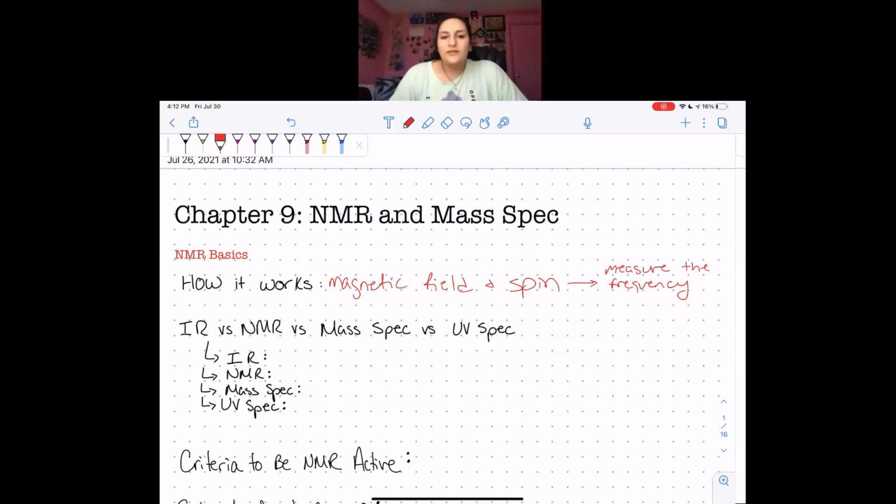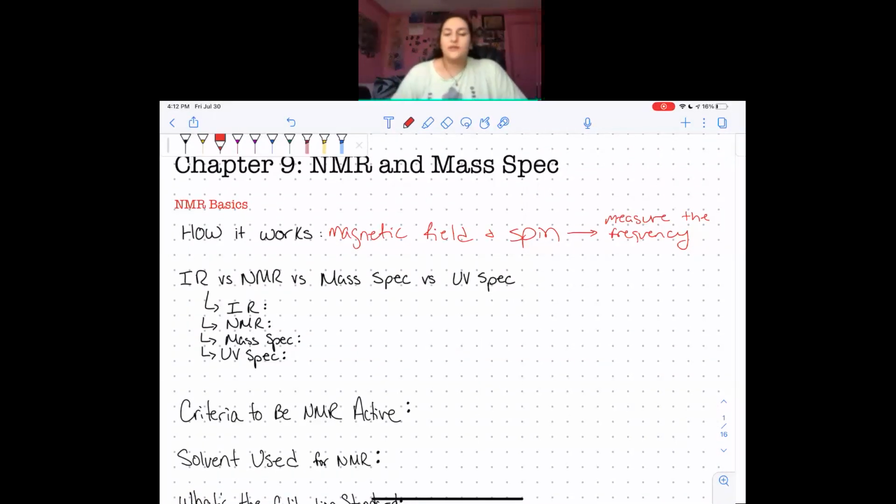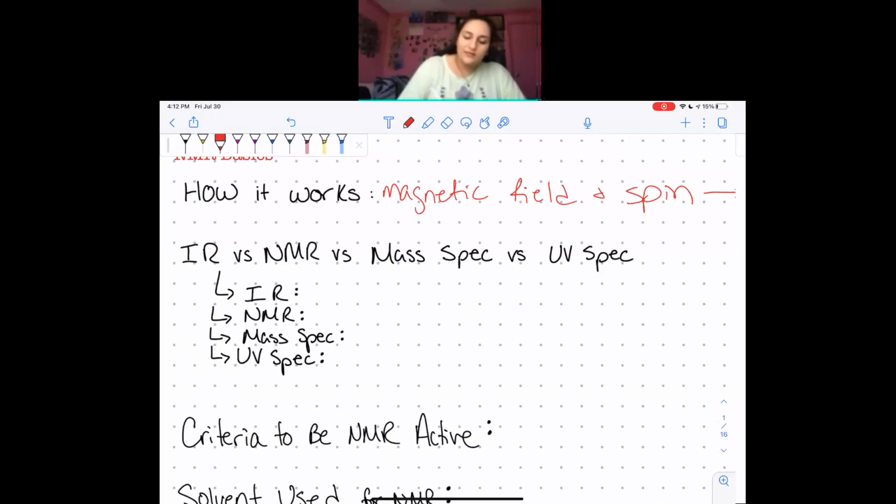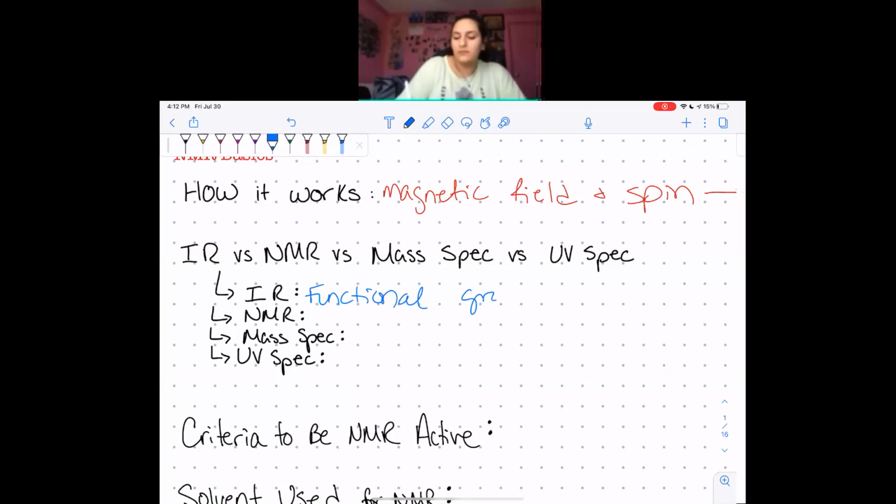And so now we're going to go through all the different spectroscopies that we've done this semester and very briefly describe them. So IR tells us about functional groups. Whereas NMR tells us about the carbon-hydrogen framework, or you could also say the skeleton.